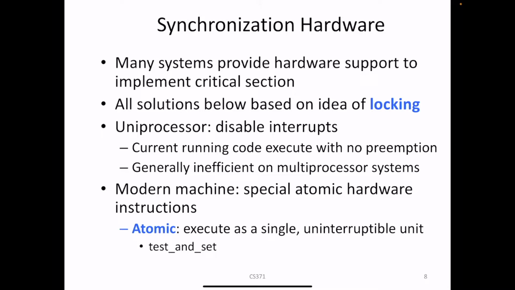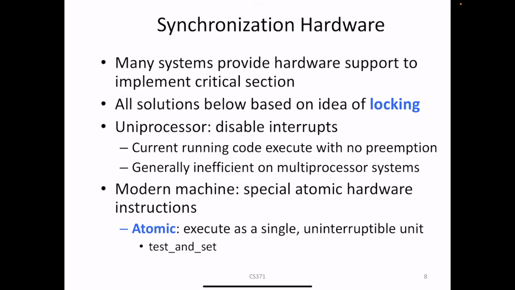On the other hand, for hardware supporting a uniprocessor, so only one processor in the system and only one core in the processor, another solution can be used to address the critical section problem: simply disable the interrupt.